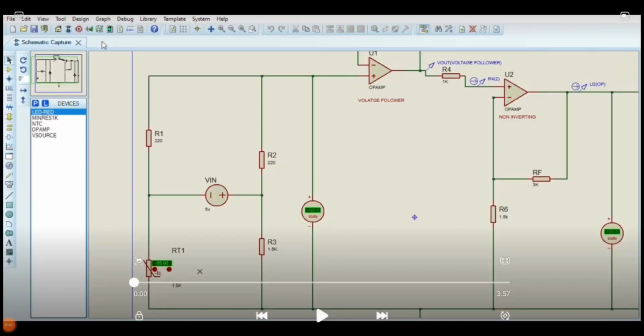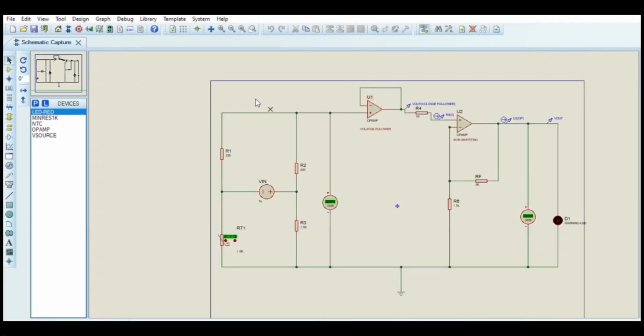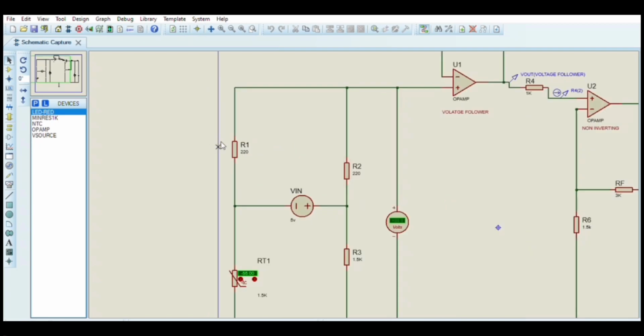Hello, today I will present about the circuit diagram that we already made in Proteus. This is the circuit diagram for my project. We have the thermistor, resistor 1, resistor 2 and resistor 3.